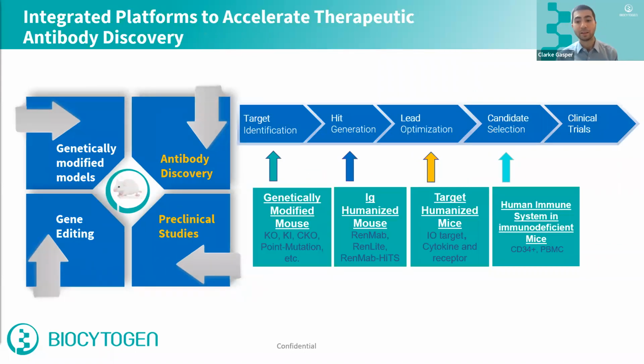We have since expanded our service platforms to include preclinical pharmacology and therapeutic antibody discovery, which uses our humanized immunoglobulin mouse platforms, RenMab, RenLite, and RenMab Hits. We use these integrated platforms of gene editing, animal models, antibody discovery, and pharmacology to help accelerate drug discovery for our clients worldwide.